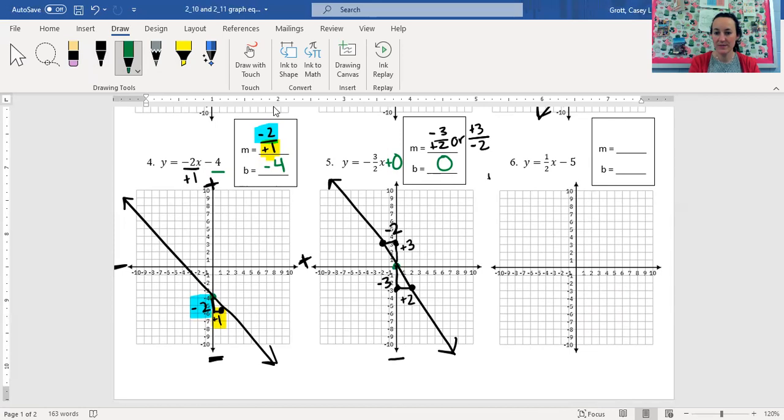Last one, here's my b. B does not have x. Slope is going to be my fraction. Beginning b, this is where we're going to start. So I've got a point at -5. I'm going to go up 1 and over 2 to the right.